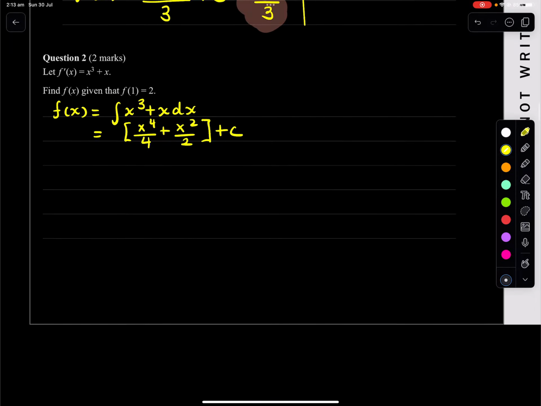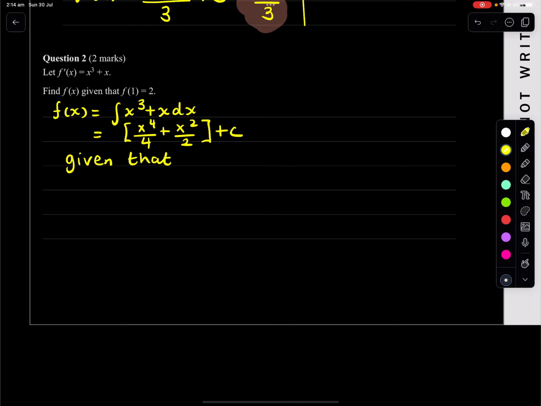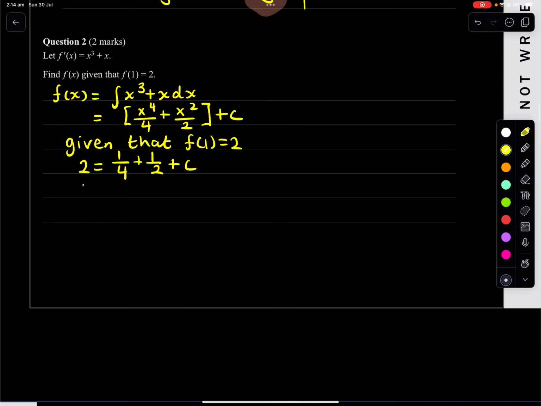So now, given that f(1) is equal to 2, it'll be 2 equals 1/4 plus 1/2 plus c. Quarter plus half is 3/4.